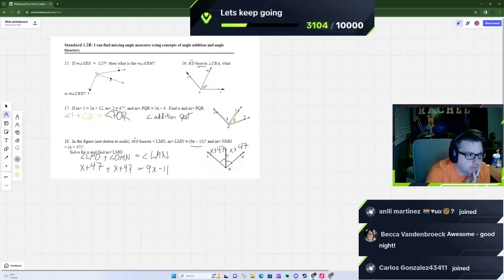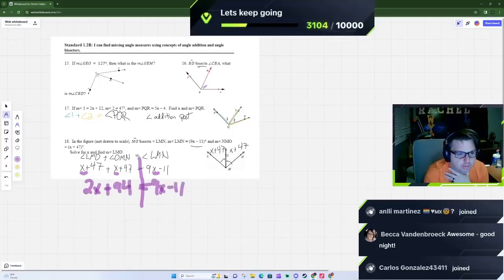Use your highlighter, underline the variables, and then draw a line down the middle of the equal sign. Now that I have two of them that are on the same side, combine like terms, and I would get 2x plus 94 equals 9x minus 11. Then I'm going to subtract 2x, and that's as much as I'm going to say.